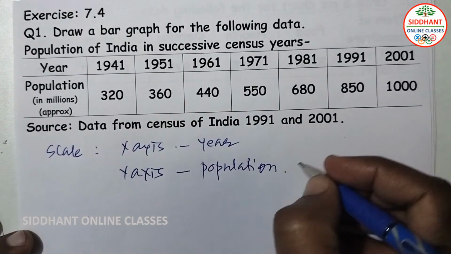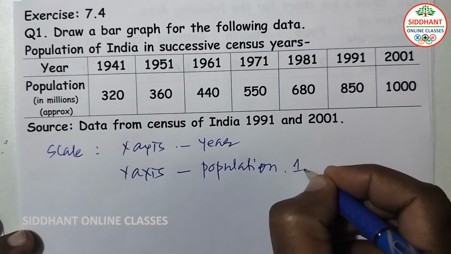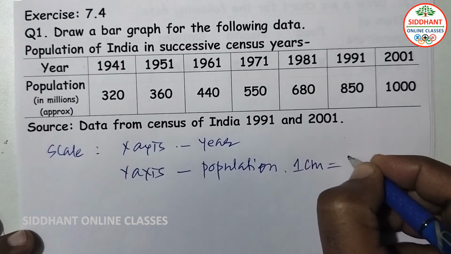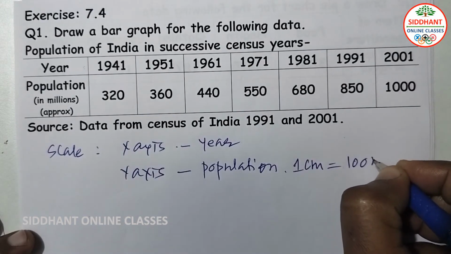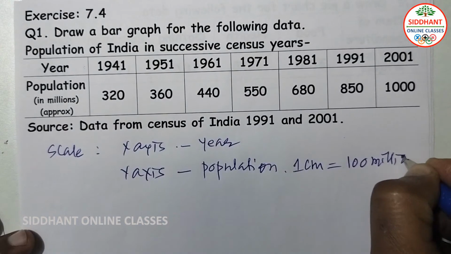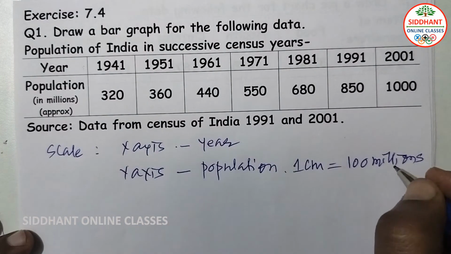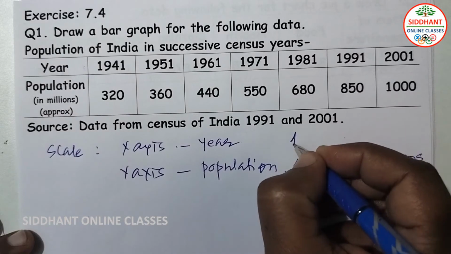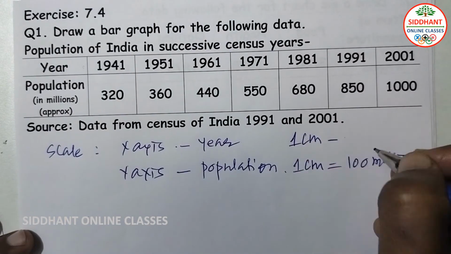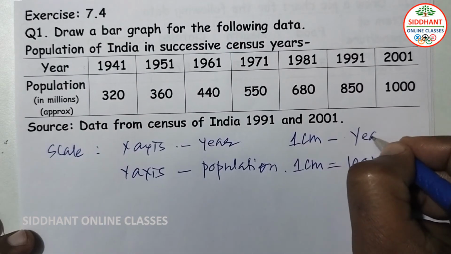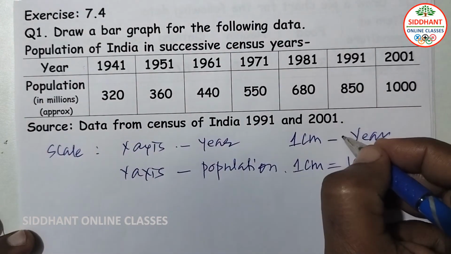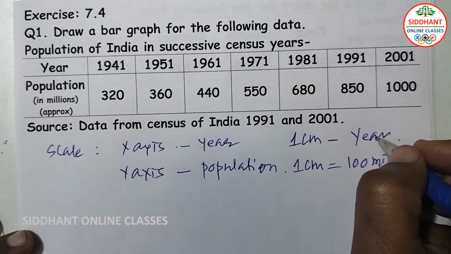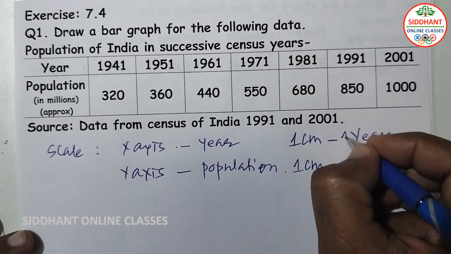On the y-axis, 1 centimeter we are going to take as 100 millions, and on the x-axis 1 centimeter we are going to take as 1 year, like 1941, 1951, like that.